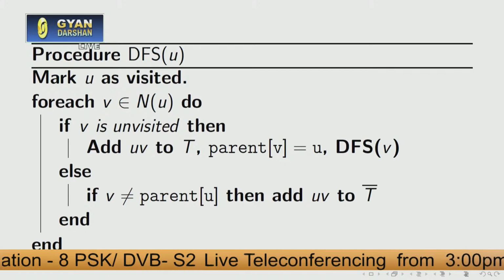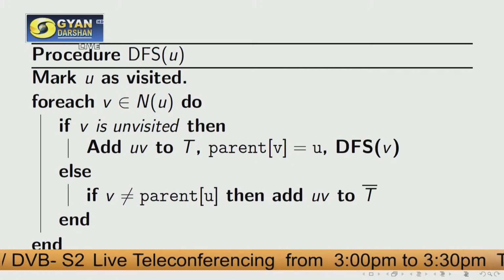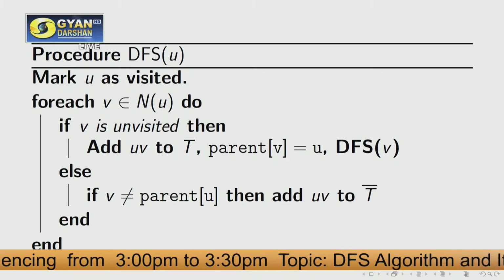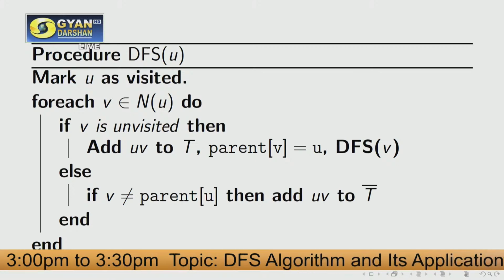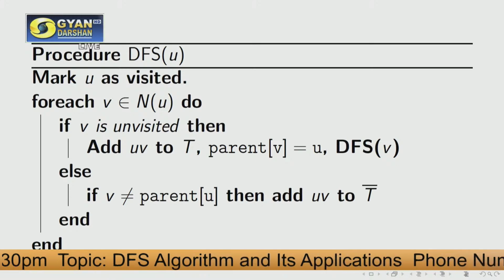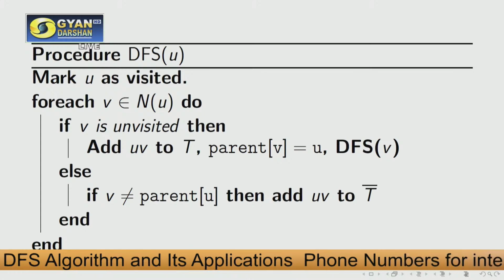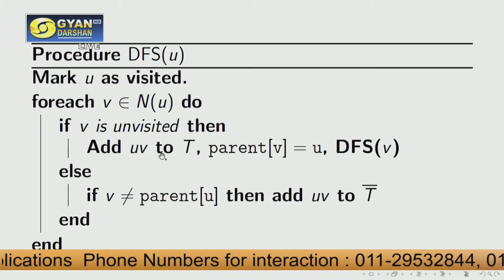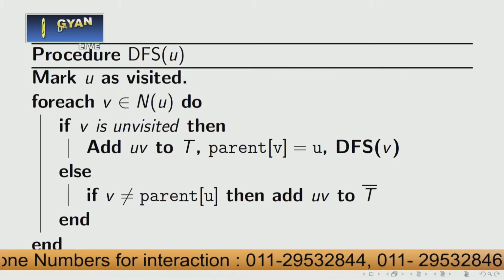So in that case, UV becomes an edge which is not part of the spanning tree. So that is added to T bar. This procedure continues as long as there are unvisited vertices.